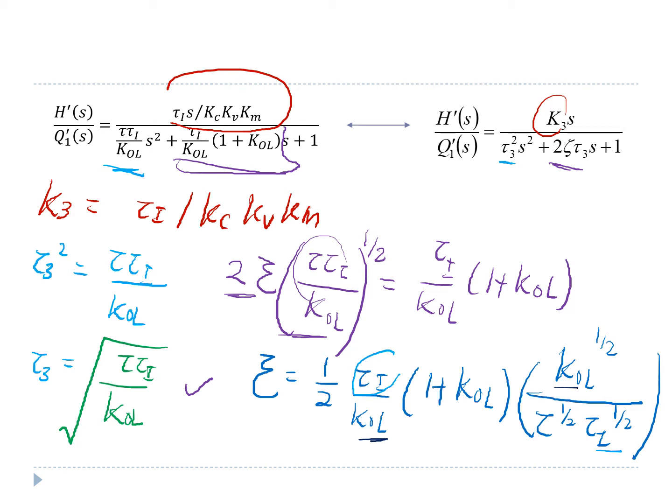So now your damping coefficient can be written as half of 1 plus KOL over... half minus 1 equals negative half. So your KOL should be in the denominator. So this is square root of KOL times the square root of tau I over tau.